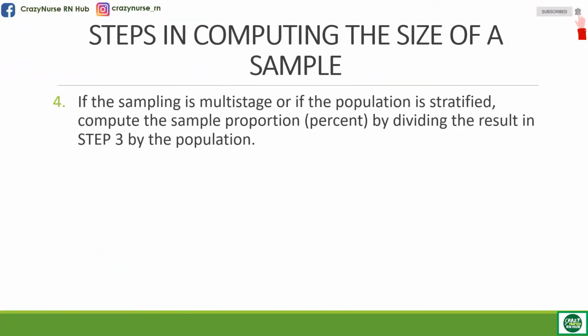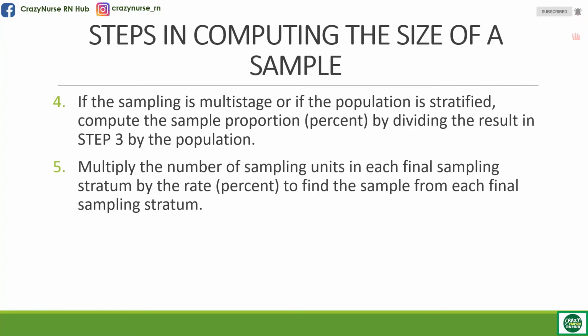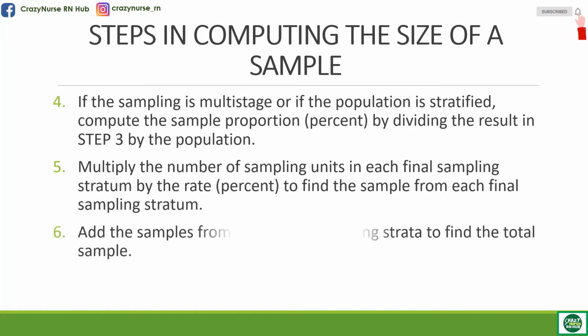Next, if the sample is multi-stage or if the population is stratified, compute the sample proportion or percent by dividing the result in step 3 by the population. Then multiply the number of sampling units in each final sampling stratum by the rate or the percent to find the sample from each final sampling stratum, and add the samples from all the final sampling strata to find the total sample.